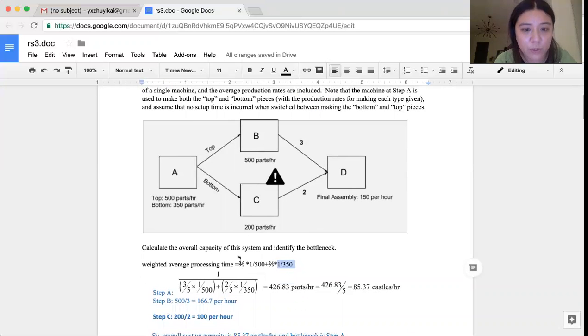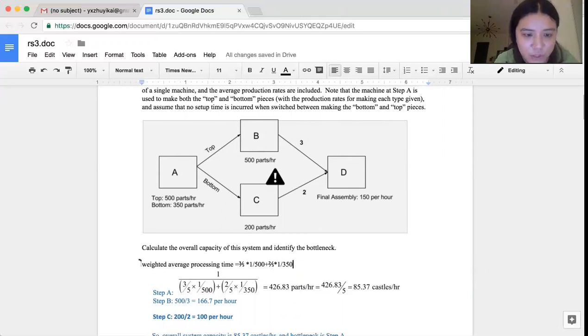So the top pieces account for 3/5, which is about 60%, and so 40% for the bottom part.